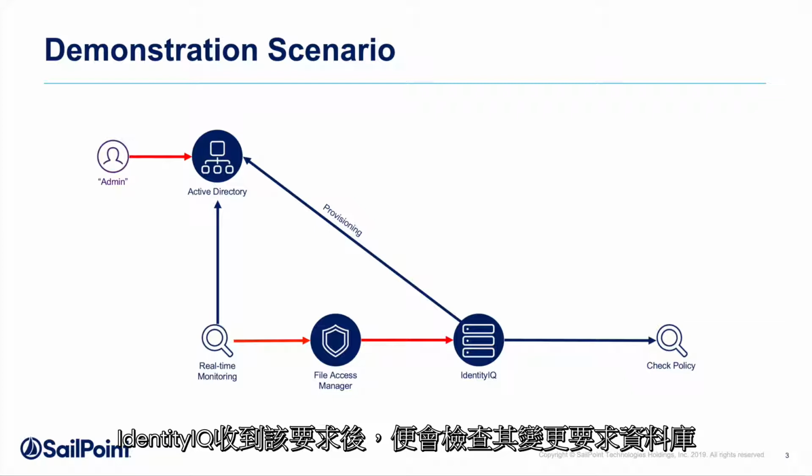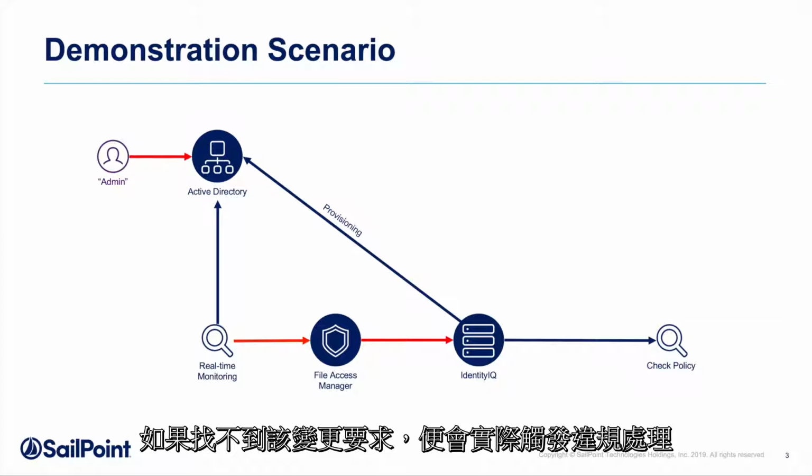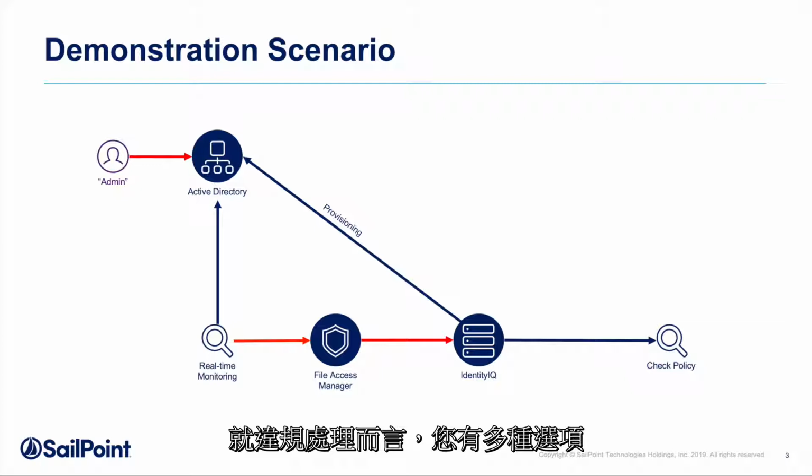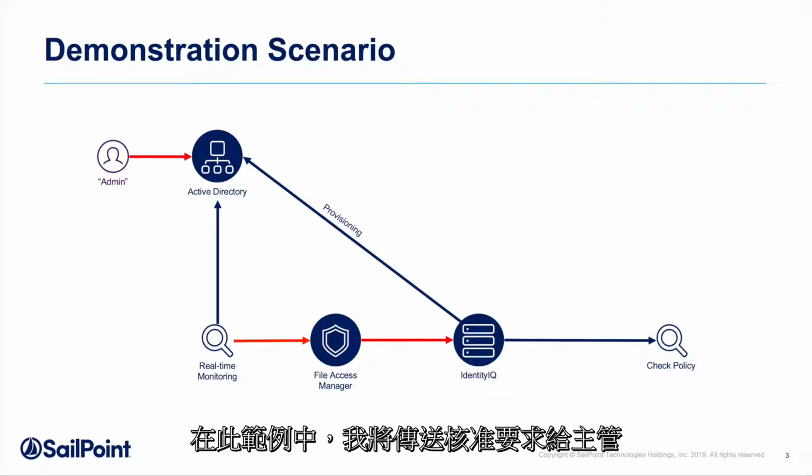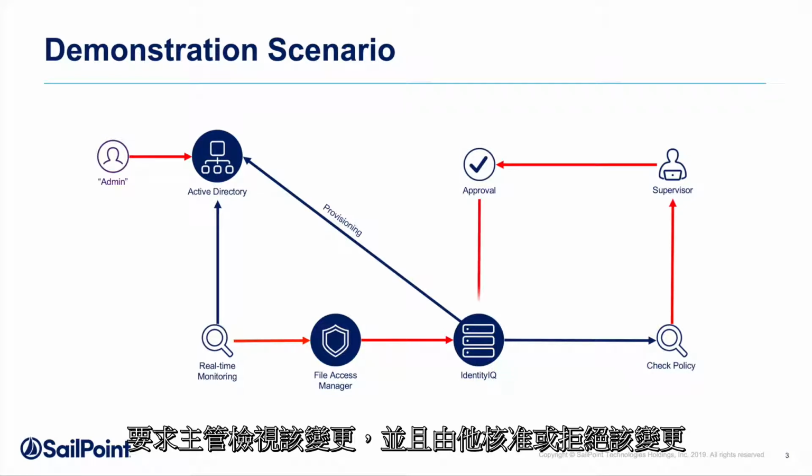After Identity IQ receives it, it will check its change request database. If it cannot find the change request, it will actually raise a violation processing. In terms of violation processing, you have various options. In this example, I'm going to send an approval request to the supervisor, ask the supervisor to review the changes, and get him to approve or reject the change.